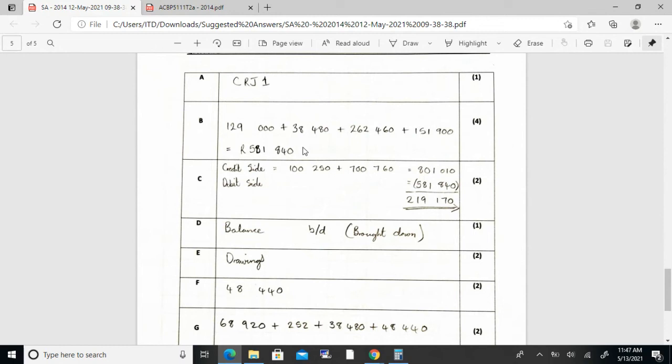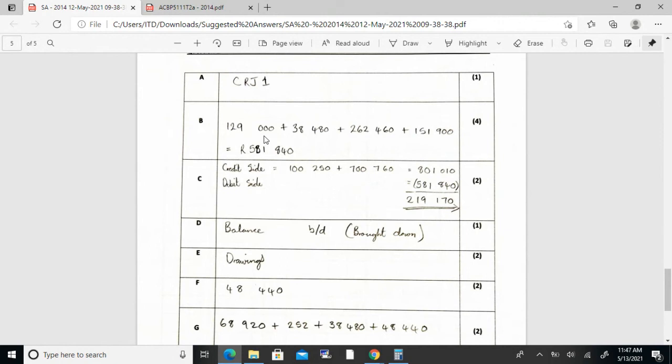Okay, so here actually this calculation is actually wrong. You should have just done the 129,000 plus the amount that you have there in sundry, which is the 151,900. Just those two amounts, because can you see the output VAT plus your sales will give you this 129,000. Okay, so this is duplication. Here we're duplicating the same thing. No. I'm actually wrong.